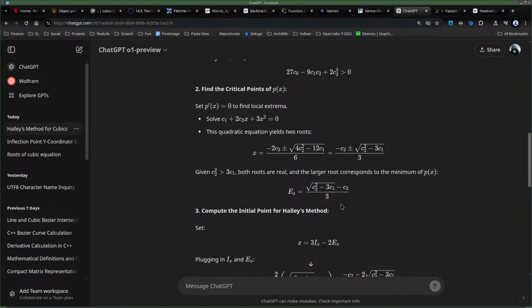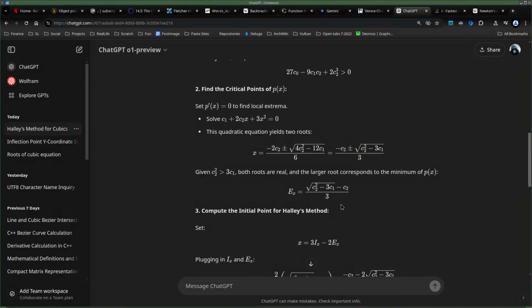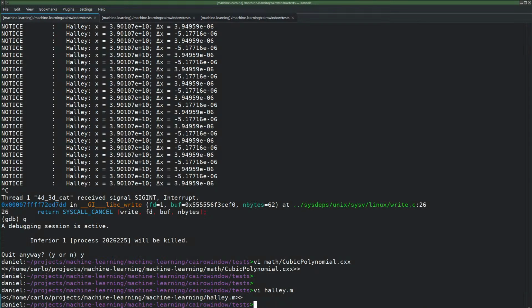So our initial point x is 3 times ex minus 2 times ix, I meant ex. Now let's display that. See if so far we have a problem.